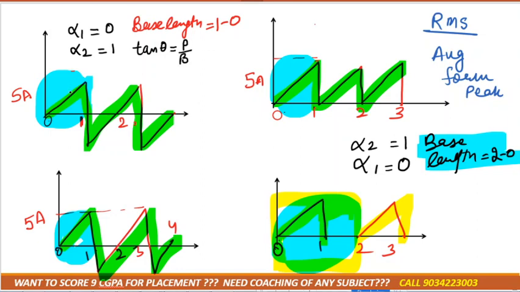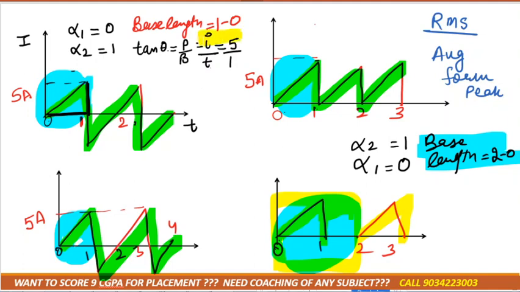Perpendicular is this one, and in this case the perpendicular is current. The base is this one, and in this case that is time. So can we say that tan theta is equal to I by t, right? Here I goes up to a maximum of 5 ampere, and t is 1 second, correct?